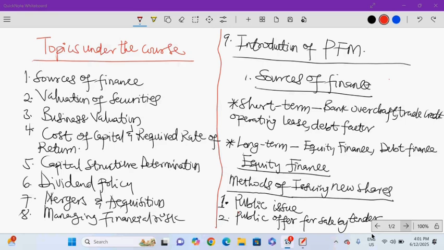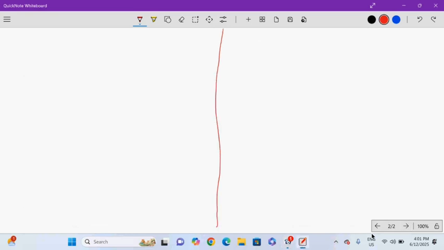So we have talked about the public issue and then public offer for sale by tender. Now, placing. With the placing, you are giving it out to special people. Usually it is done by an investment bank, whereby they arrange for their clients.